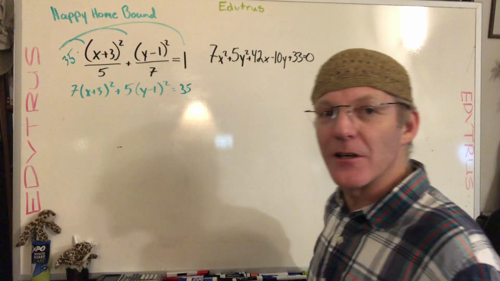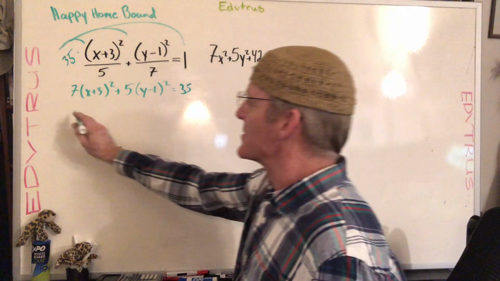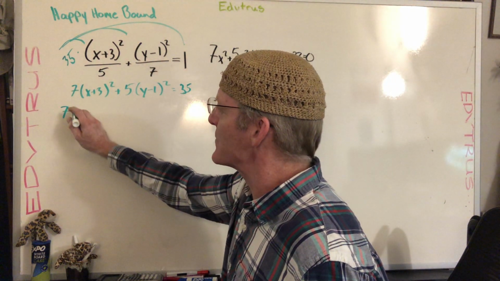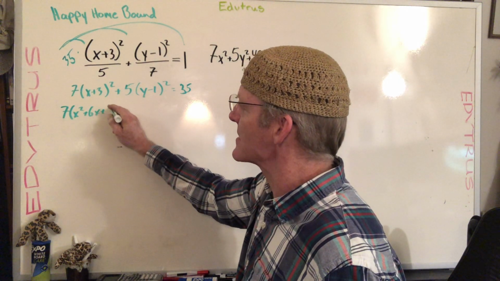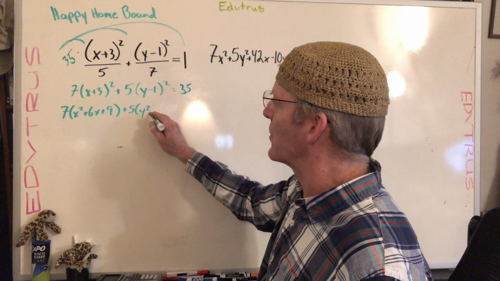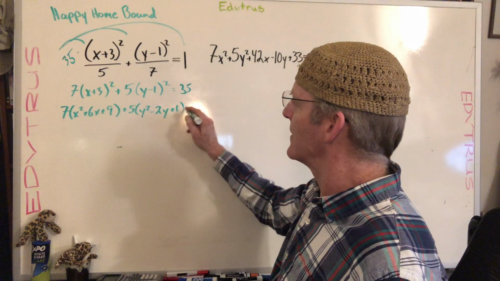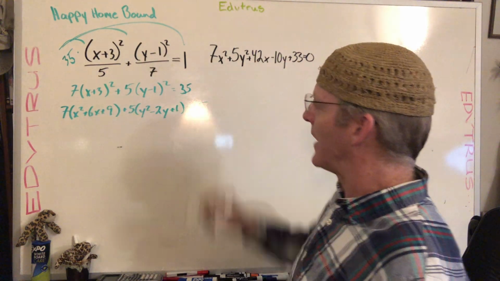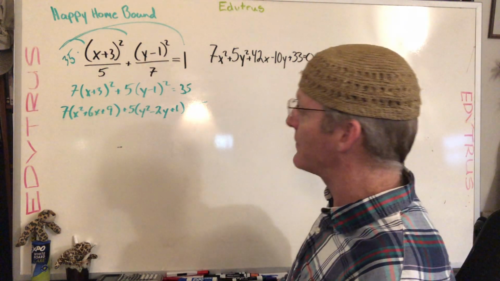So now we're just going to FOIL out or use our specials to multiply out these two. So we're still going to have 7 times (x squared plus 6x plus 9). Over here we're going to have 5 times (y squared minus 2y plus 1), and that equals 35. And now we've got to distribute the 7 and the 5, right?